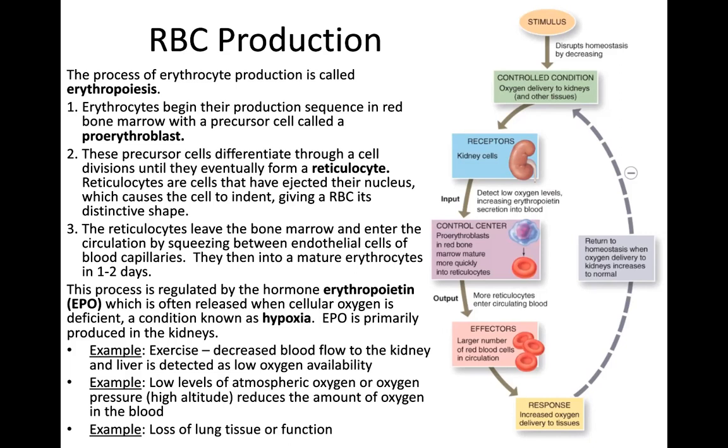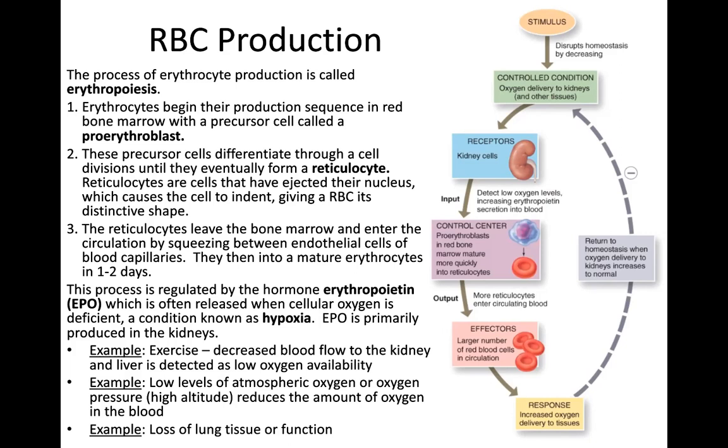Okay, going to high altitude, like climbing a mountain or just going up into places like Breckenridge there in Colorado, reduces the amount of oxygen in the blood. It's not actually because, as most people think, there's less oxygen in the air. That's not actually true. It's all about pressure of oxygen, which we'll talk about later in a few weeks. And then a loss of lung tissue or function means that you're probably not going to get enough oxygen in the blood. That can cause hypoxia as well.